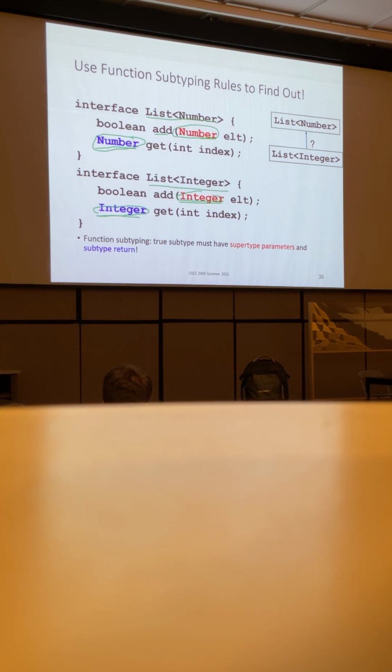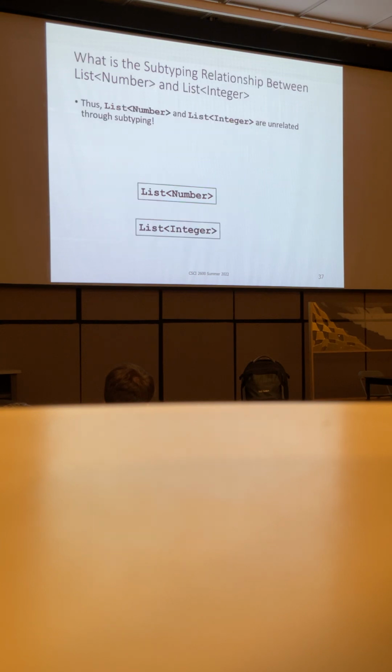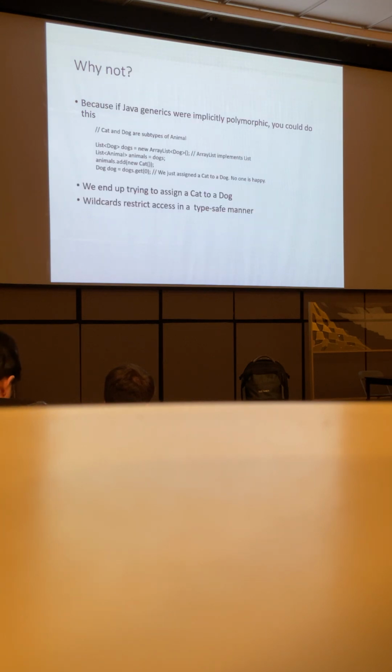So if list integer is a subtype, it should have super type parameters, but it does not. Integer is not a super type of number. It's the opposite. Integer is a subtype of number. And that's why they are in red. These things break our subtyping guarantee, and that demonstrates that no, list of integers is not a subtype of list of numbers.